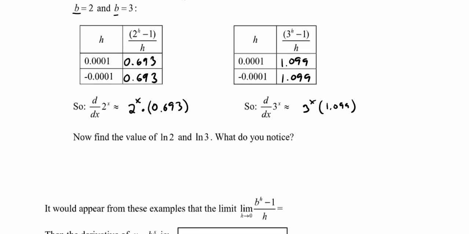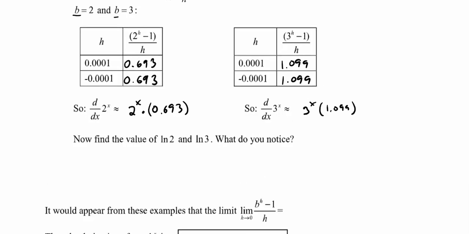All right. Now, let's find the natural log of 2, just plugging it into your calculator. So just lowercase ln 2. What do you get? The natural log of 2 is approximately equal to 0.693. Hey, that's that. Okay, so let's do the natural log of 3.